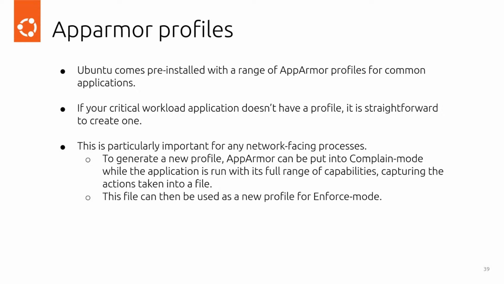Anytime the application tries to deviate from that baseline of good behavior, AppArmor will prevent that action from happening, because it will assume that it is coming from a vulnerability that has been exploited within the application confined by the AppArmor profile.